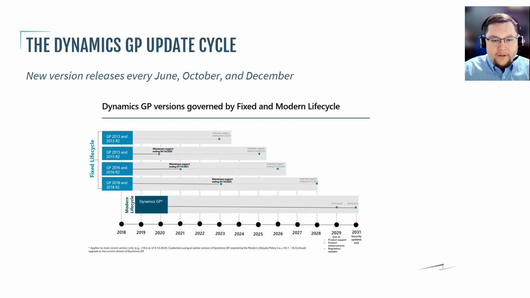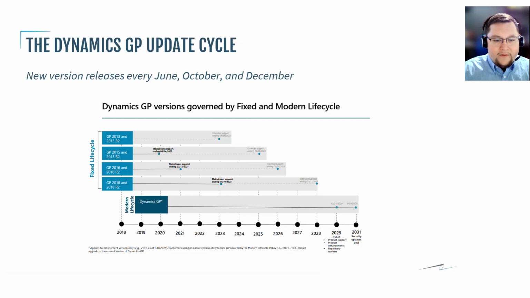It's important to note here, this image that we see is talking about the GP life cycle. Everyone is hopefully aware that GP will be receiving its last regulatory updates in 2029, and then emergency updates through 2031.